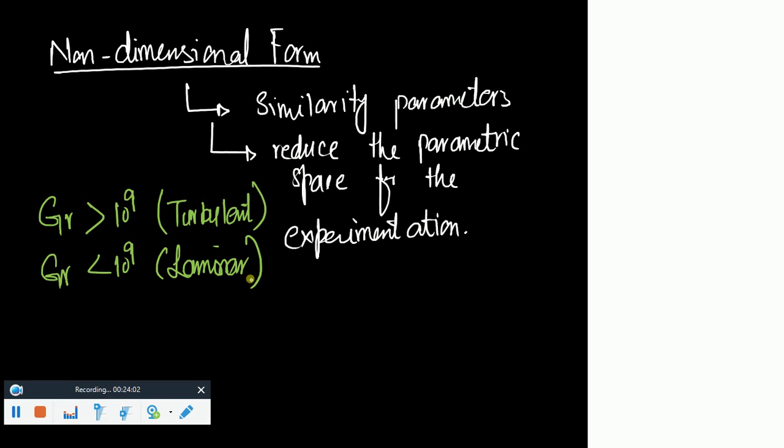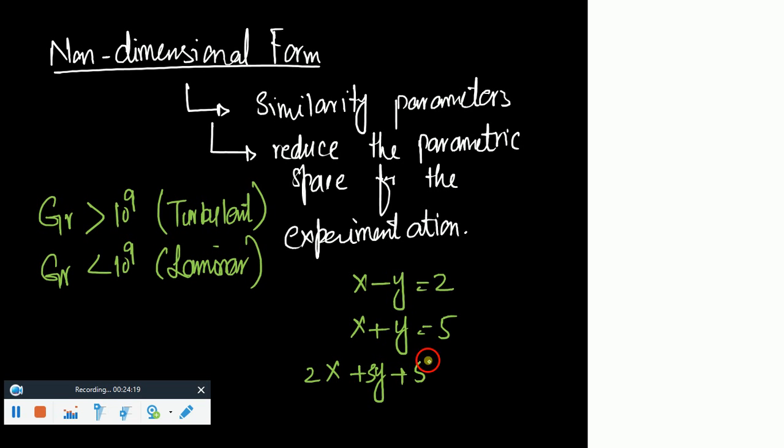Simultaneous solution means that you cannot solve any equation independently. Let me write it down over there. For example, if I ask you to solve x minus y is equal to 2, I don't know whether you would be able to solve it or not. And you would have 2x plus 3y plus 5z equals, let's say, 15. How would you solve this system?